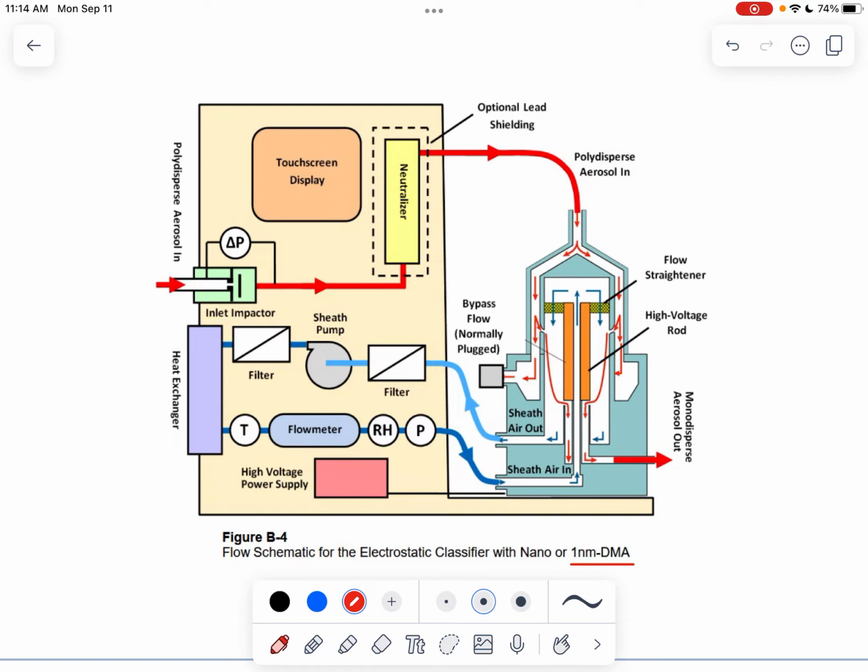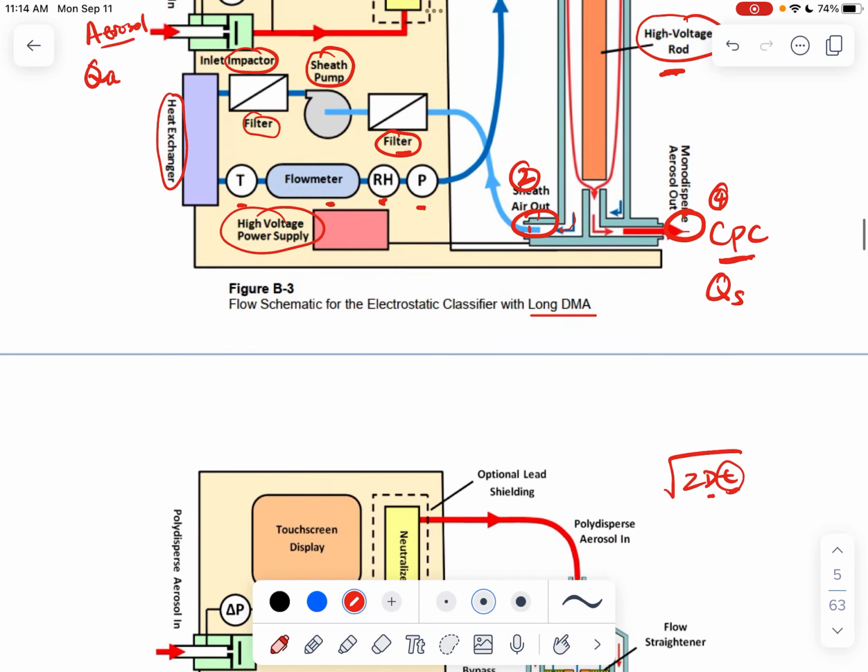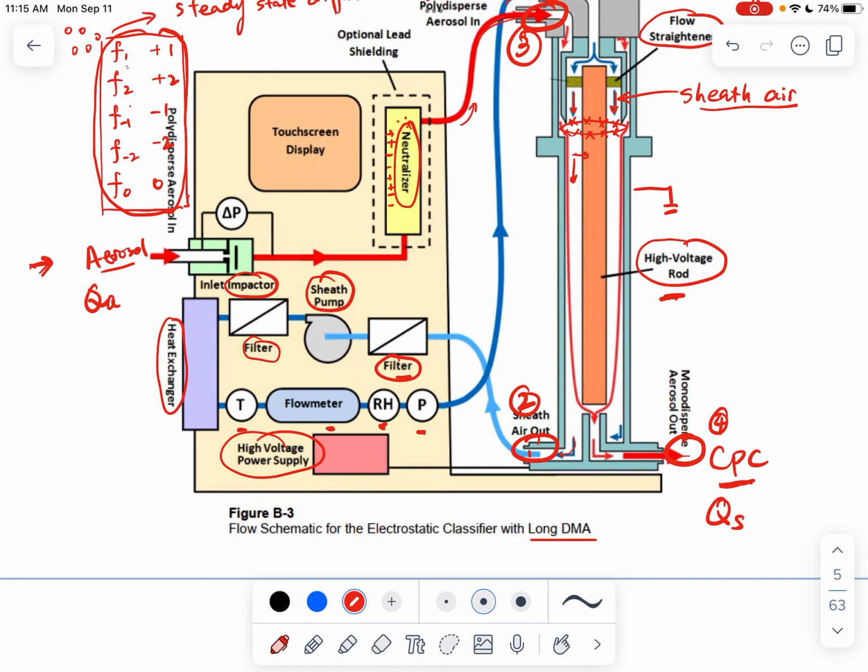So there are also different geometries of the DMA. So here is showing a nano DMA, or a newer version of the DMA called the 1 nanometer DMA. This is to monitor aerosols with even smaller sizes, right? So for these DMAs, to reduce the diffusion, as we introduced earlier, since we're trying to measure these 1 nanometer particles, their diffusion coefficient can't be changed.